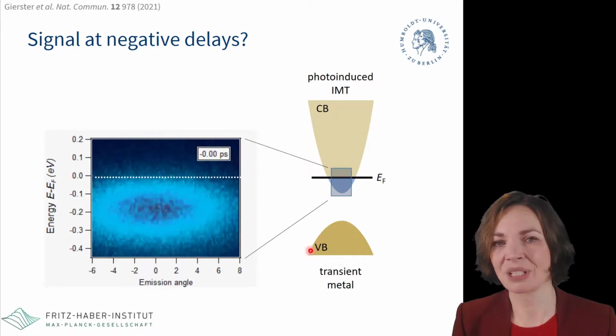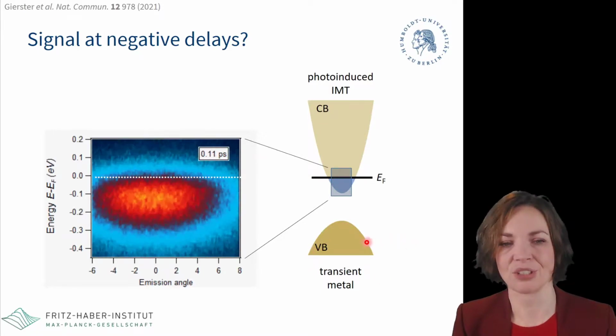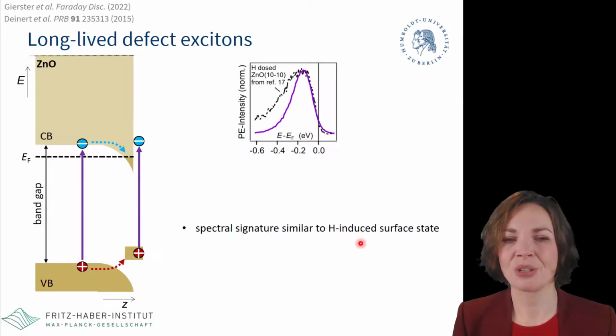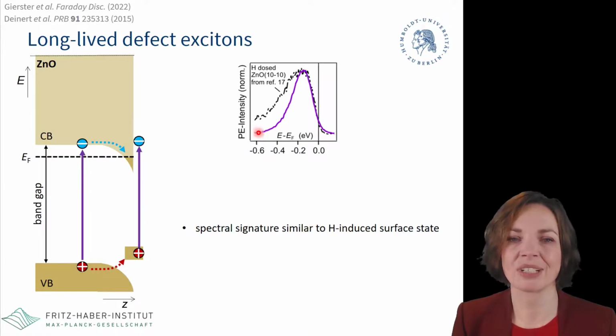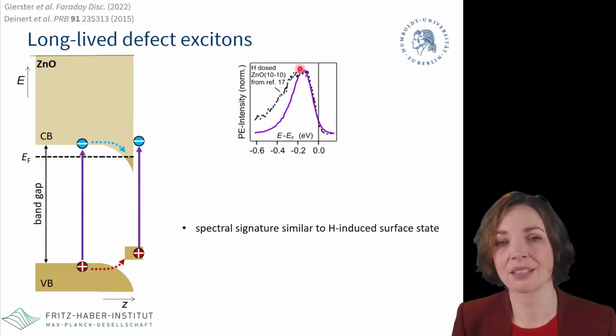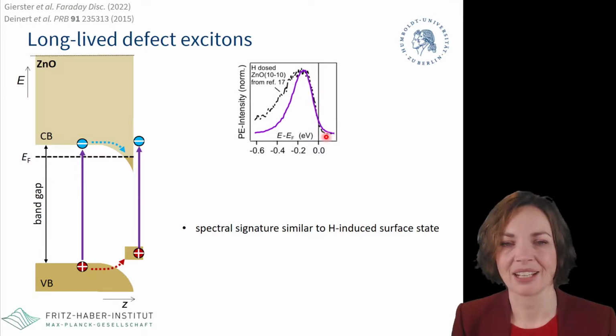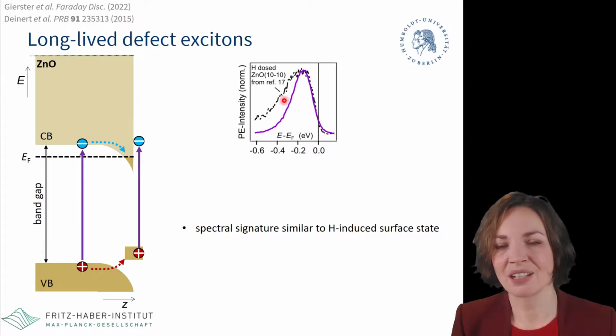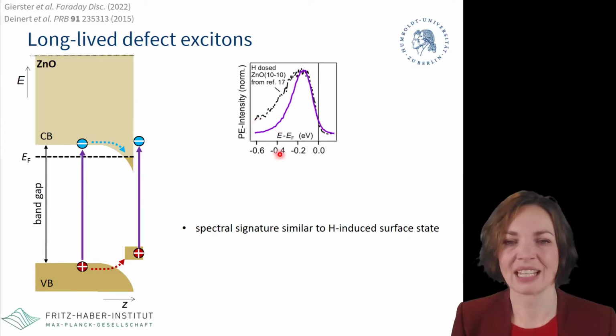So what can be the origin of this feature? When you have a closer look at it, it actually resembles a lot the spectral signature that we observed for chemical doping of the zinc oxide surface with hydrogen. This led to the formation of these localized electronic states just below the Fermi energy.